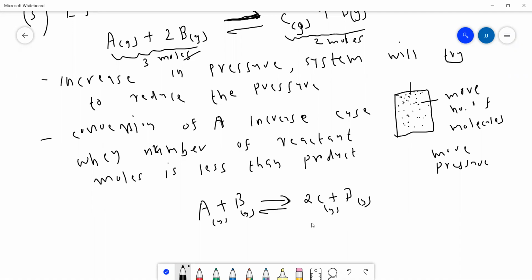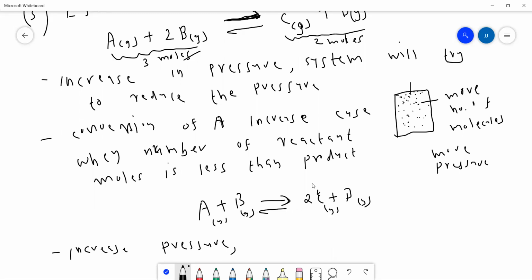In this case, if we increase the pressure, the system will try to reduce the pressure, which happens when we have fewer molecules.